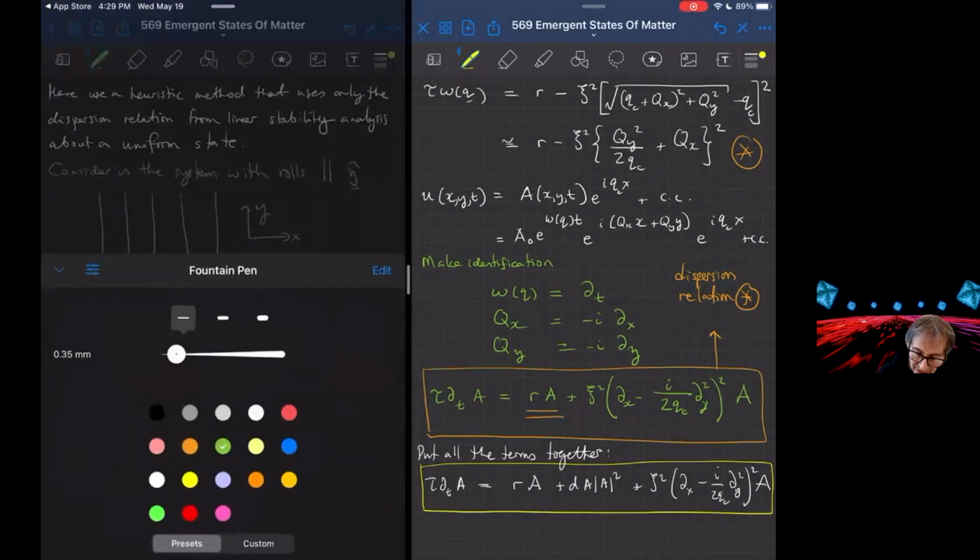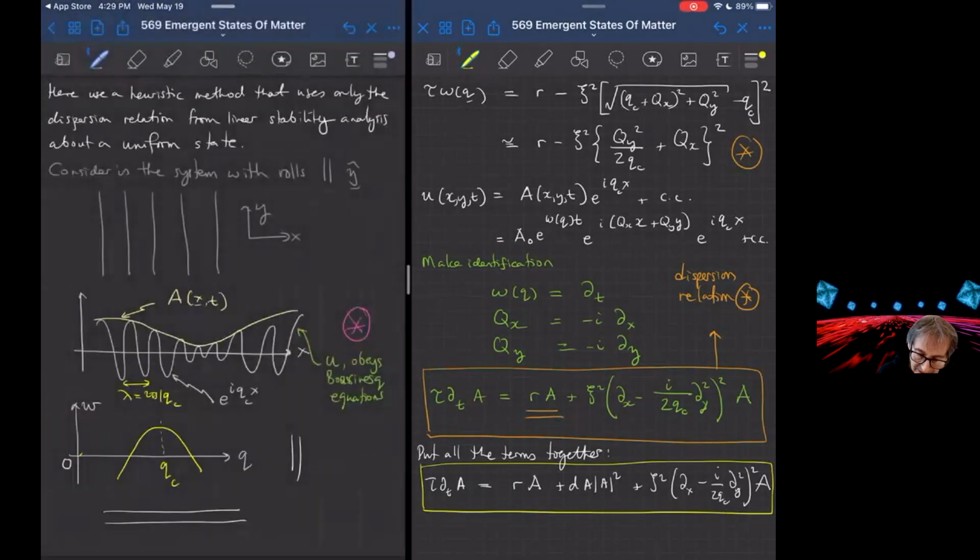And then this thing over here is the amplitude. And that obeys the so-called amplitude equation, which is the equation that we have on the right-hand side.